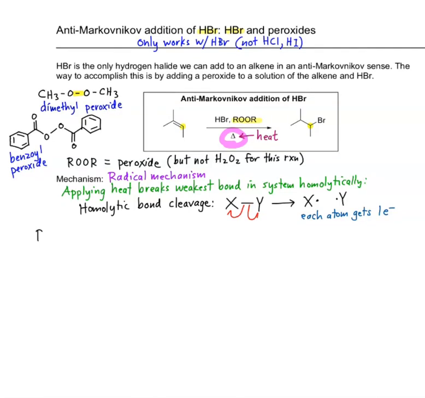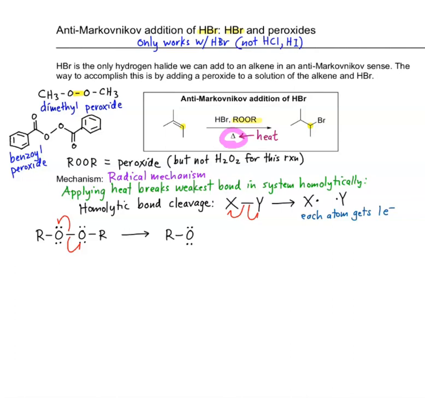So in the first step, we have a peroxide in solution. And I mentioned to you previously that the oxygen-oxygen single bond is a relatively weak bond. And so that's the weakest bond in the system. So when you heat this, eventually that bond is going to break homolytically.